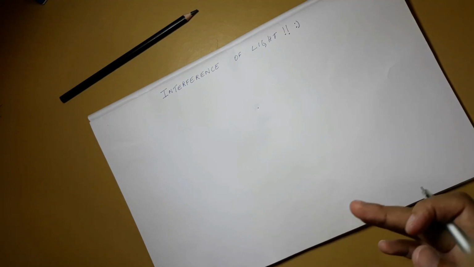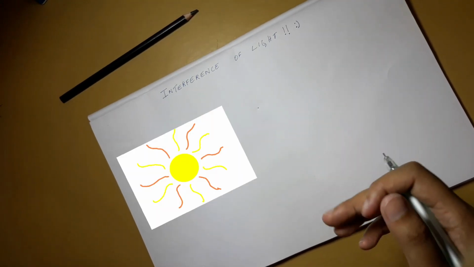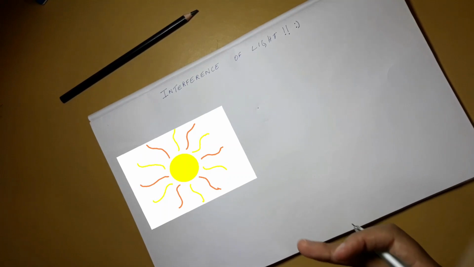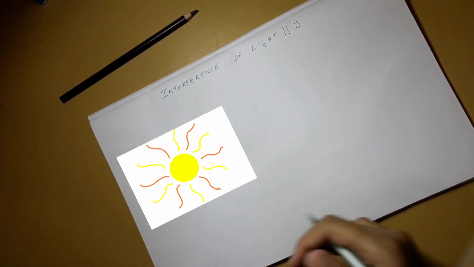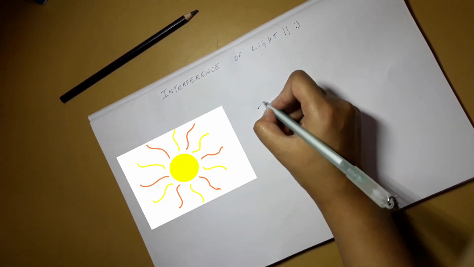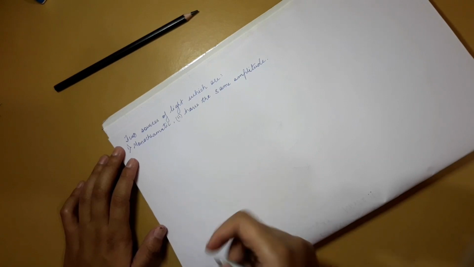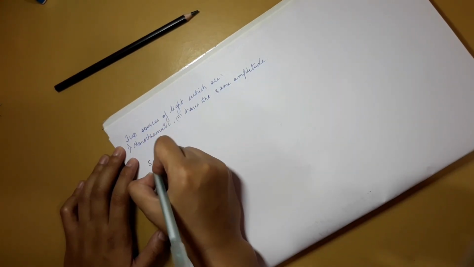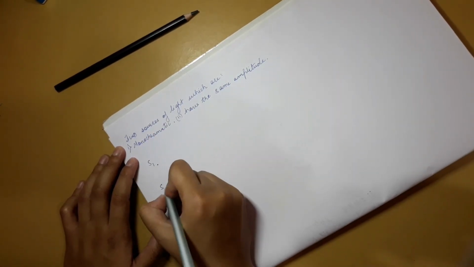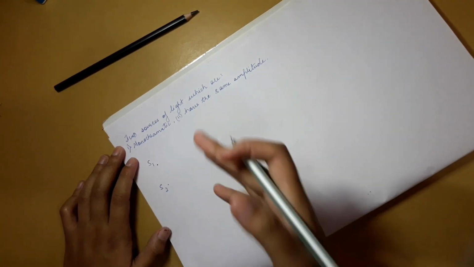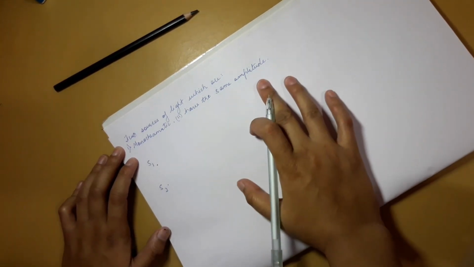Alright, let's take for example the sun, which is the source of light and energy. It emits the energy and the distribution of the energy is uniform across the medium, right? Let's consider two sources of light. Let's call them S1 and S2, which are monochromatic and have the same amplitude.